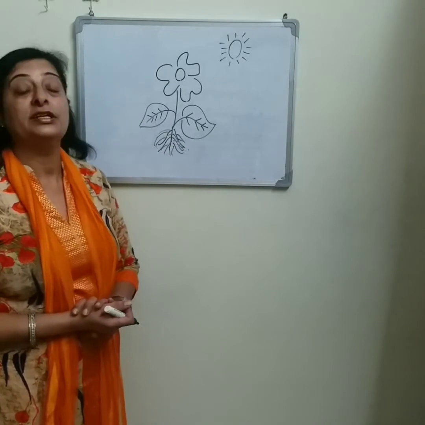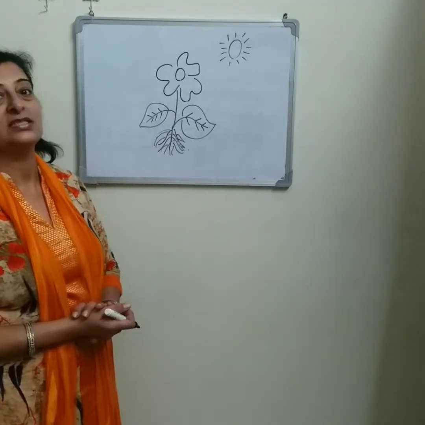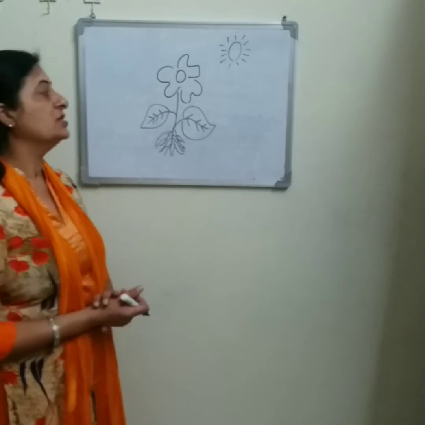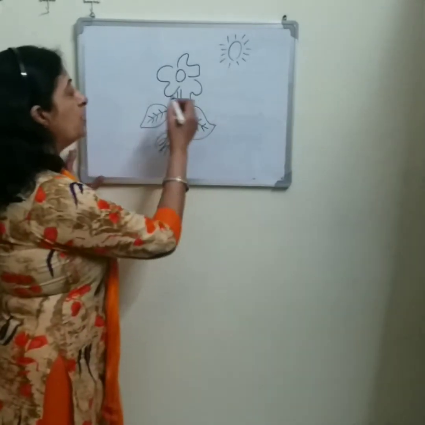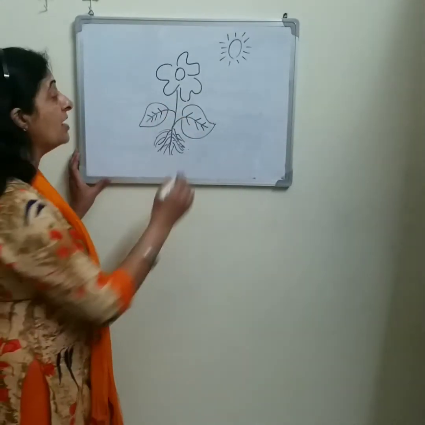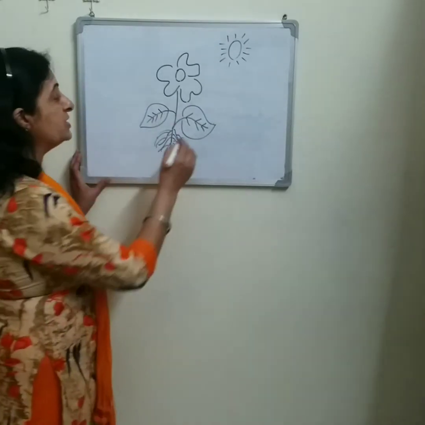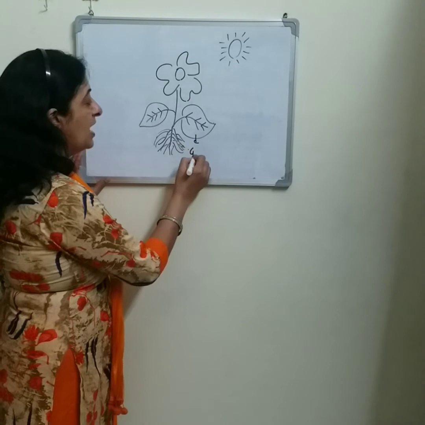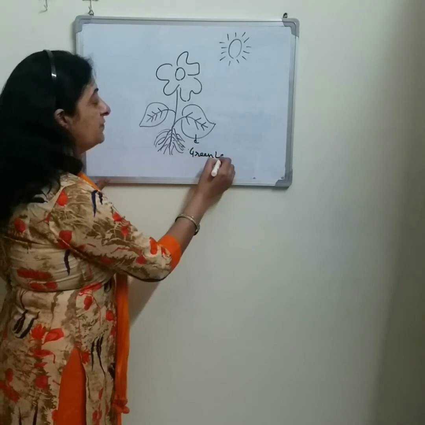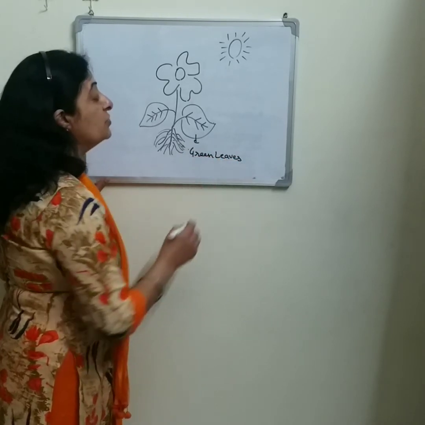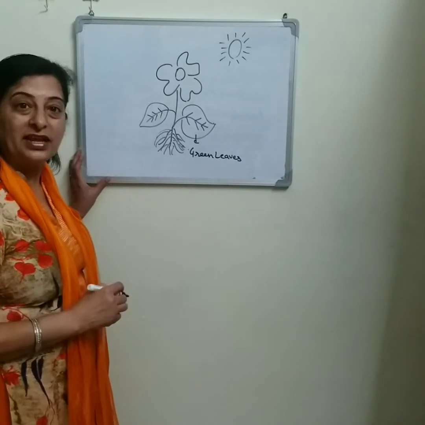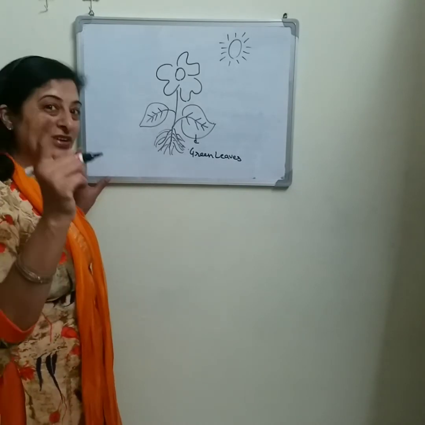So now we will discuss how plants prepare their food. Food is prepared by the green leaves of a plant. Do you know why these leaves are green in color? Yes, you are right.